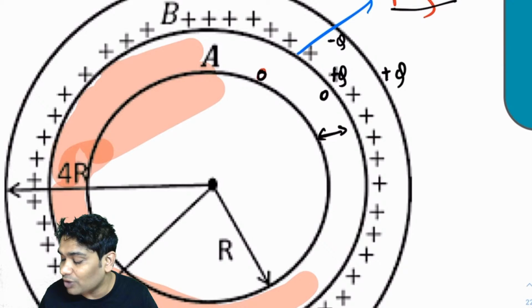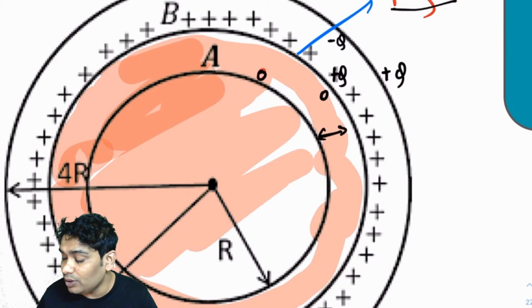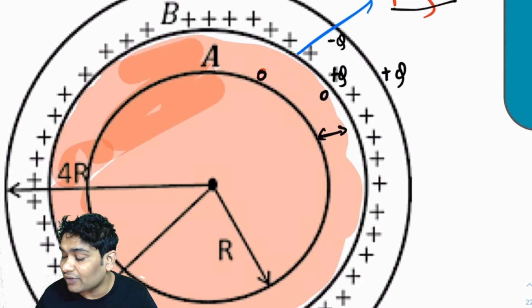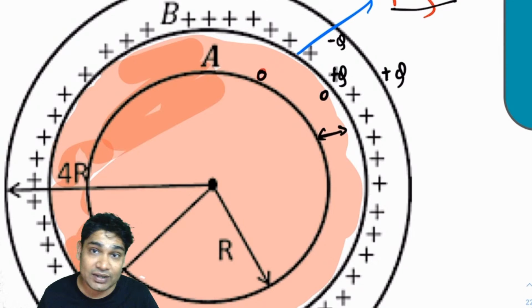I hope you watched the previous videos. If you haven't, you can watch them and you will realize what I am saying. Any such region which has no electric field will be an equipotential region. So everything inside this region is at the same potential.